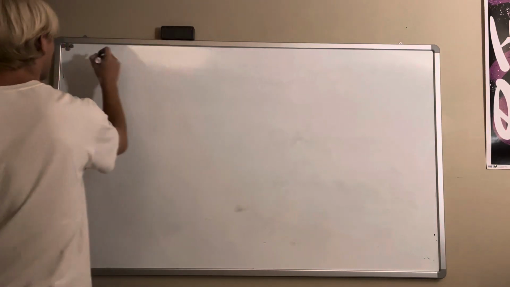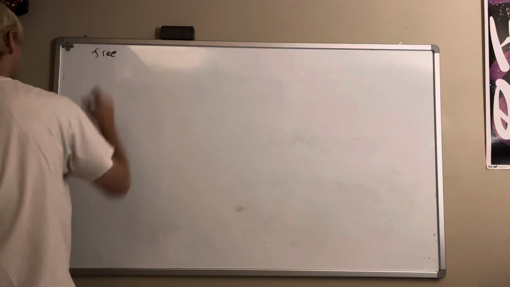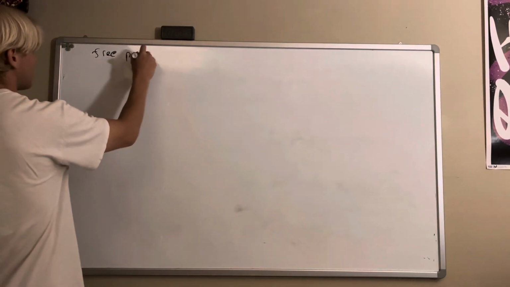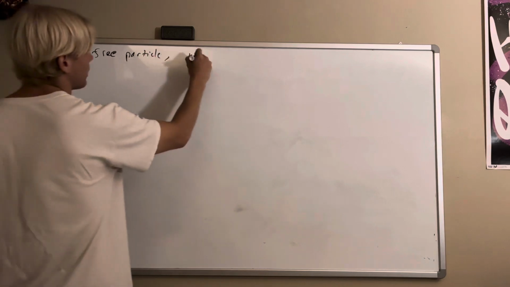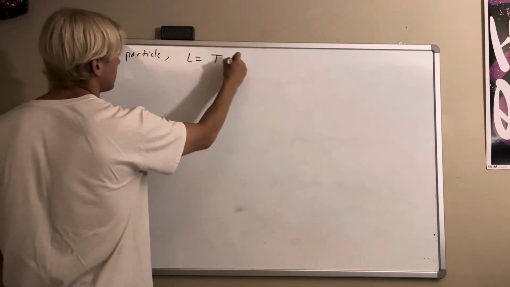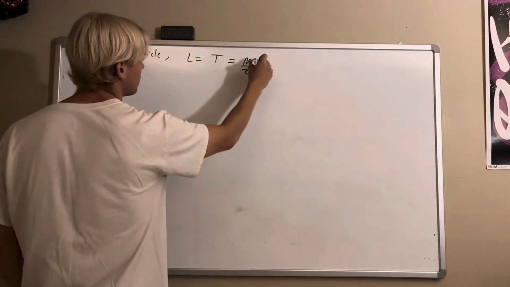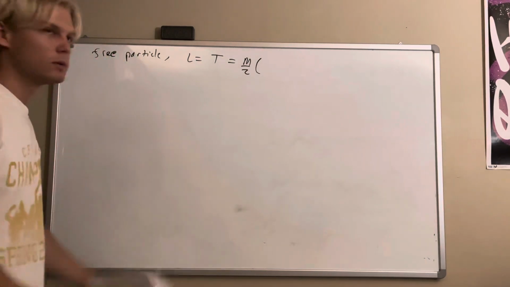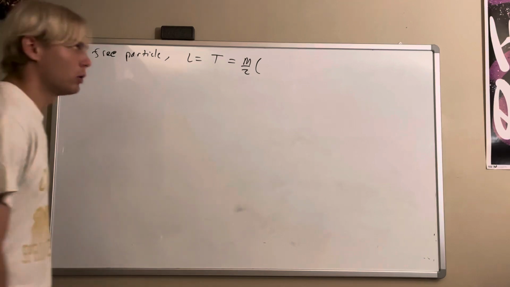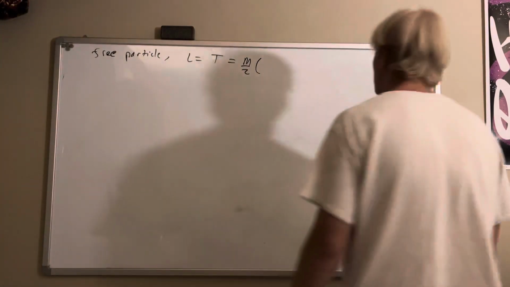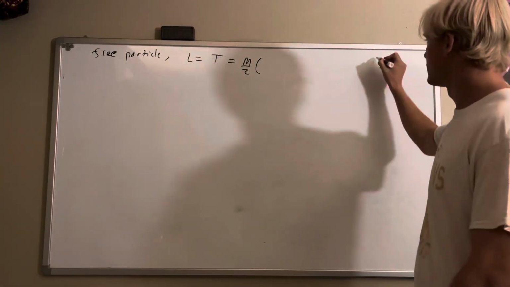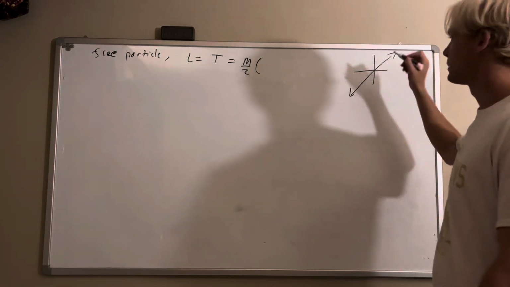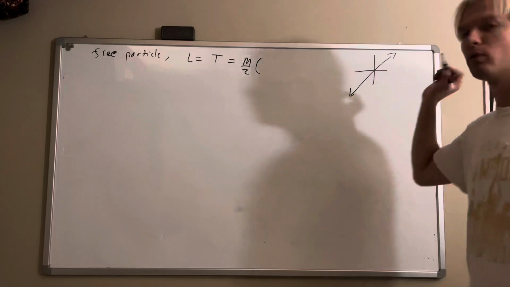So free particle. So we're going to correspond to free particle, like I said. So that means our Lagrangian is just kinetic energy, which is m/2 times our coordinates, and the first one we're going to do is a straight line through the origin. So we're going to talk about the dynamics of a particle that has to stay on the curve that passes through the origin.